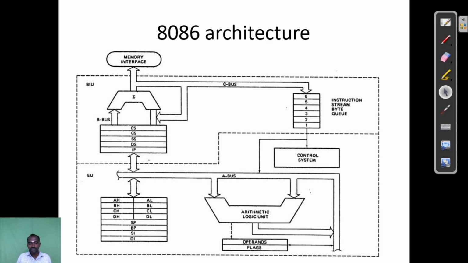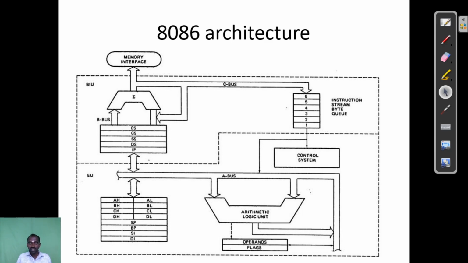Clear? So what is the use of the accumulator register? It stores the 16-bit result of arithmetic and logical operations. Next, the base register. BH and BL indicate the base register.